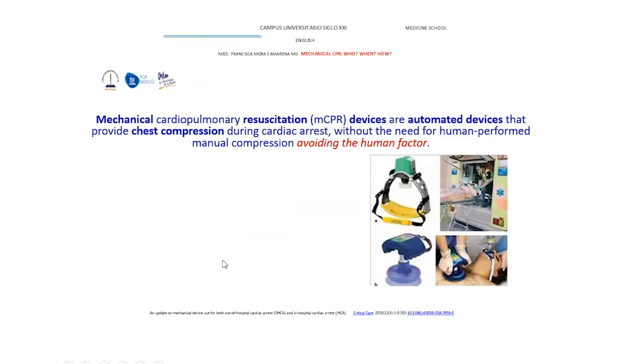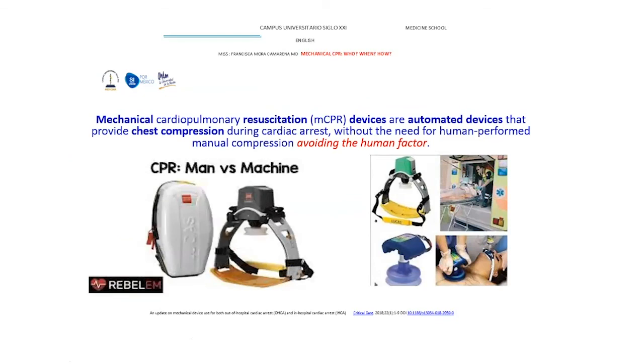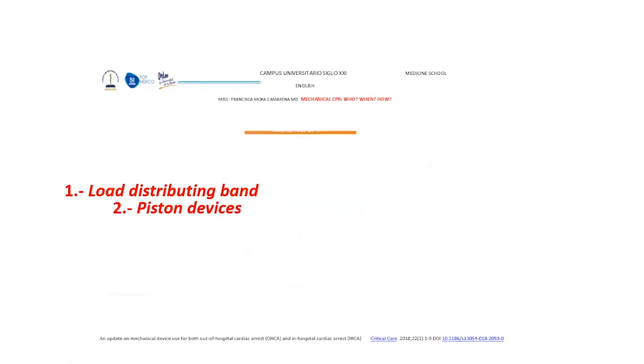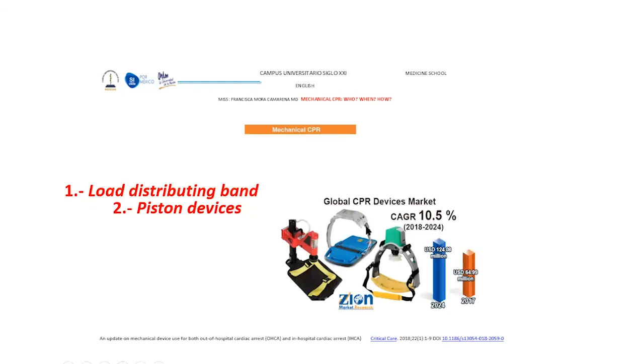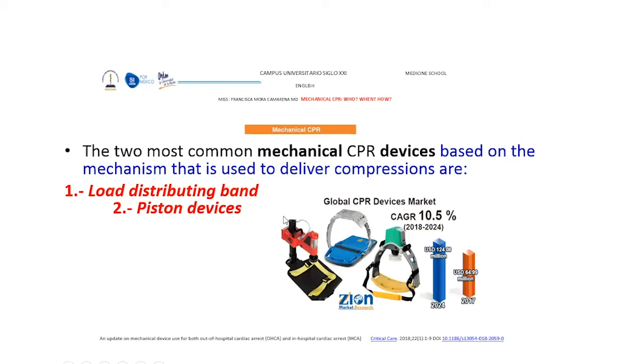On the other hand, we remember if we do not use manual compression, we have the option of the mechanical cardiopulmonary resuscitation devices, which will provide uninterrupted and high quality chest compressions. We have two different kinds of mechanical devices, the load distributing band and the piston devices.